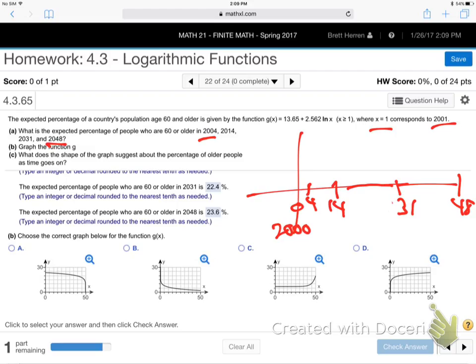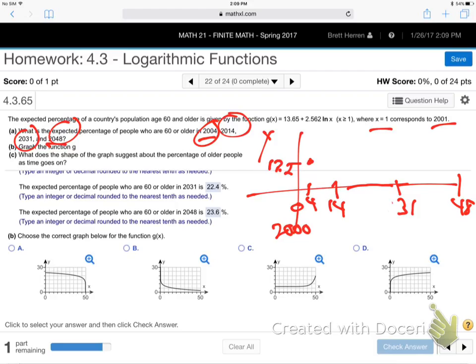So I'm getting them from here: 4, 14, 31, 48. See where I'm getting those? Those are the x values we plugged in to the natural log function, right? And the y values are the answers we got. So what were those again when we plugged in 4? 17.2. And the 14? 20.